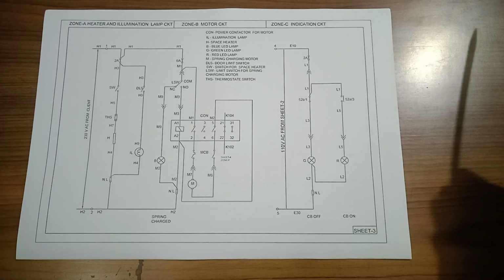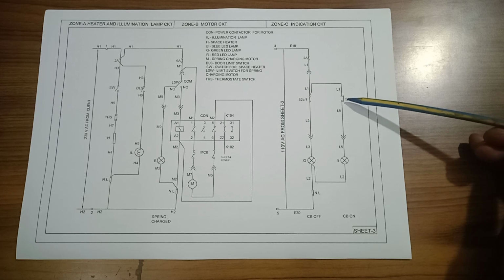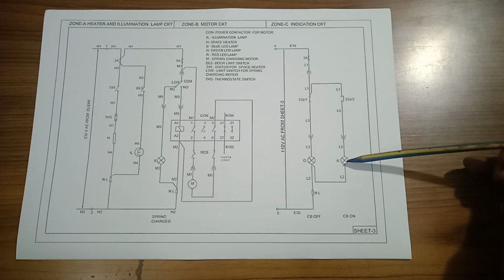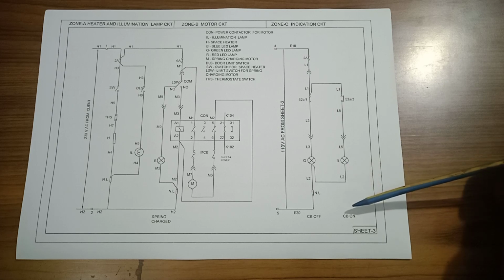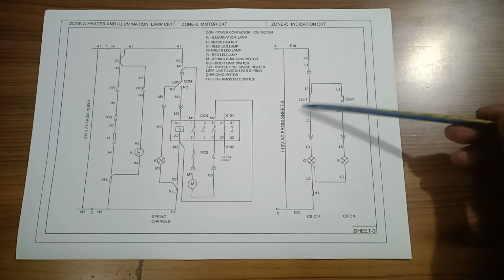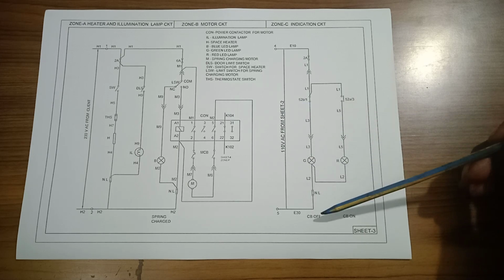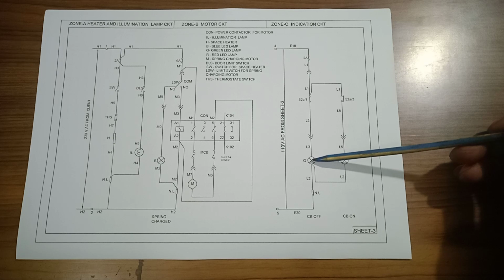When the circuit breaker is on, this auxiliary contact 52A by 3 NO contact is closed and the red LED glows and shows the circuit breaker is on, and simultaneously 52B by 1 is open when the circuit breaker is on, and the green LED is off, not glowing.